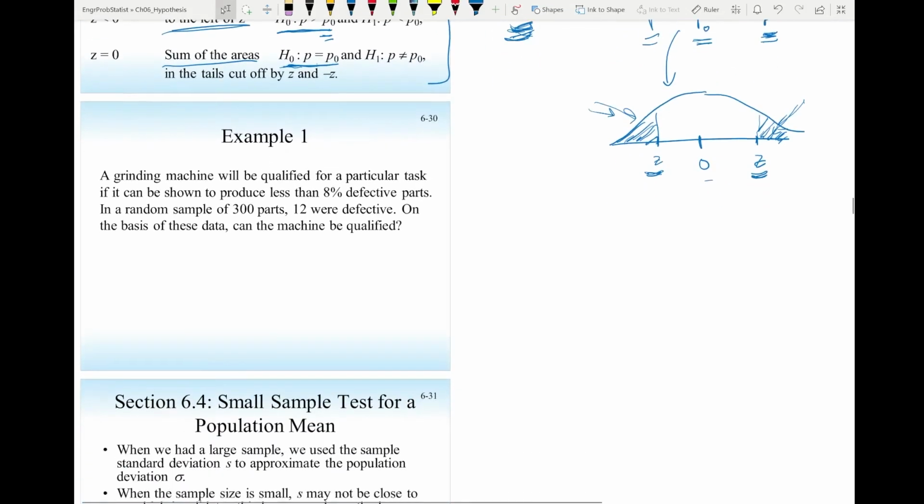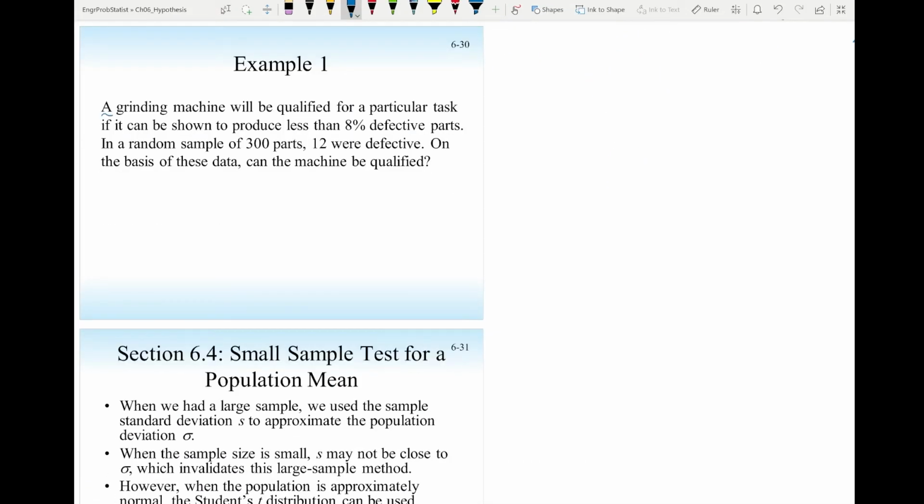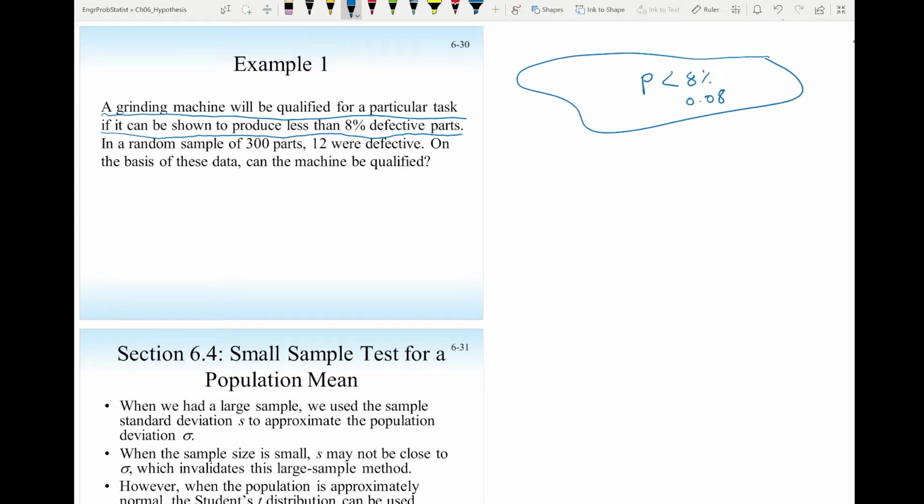Let's take this example. A grinding machine will be qualified for a particular task if it can be shown to produce less than 8% defective parts. So this is our population, and if the grinding machine can produce less than 8% defective parts, we will use it. So we took a sample to test this claim, n equals 300 parts, and we found only 12 were defective.